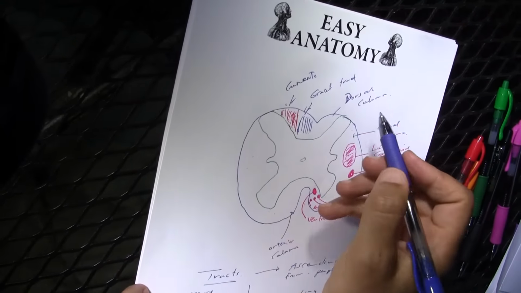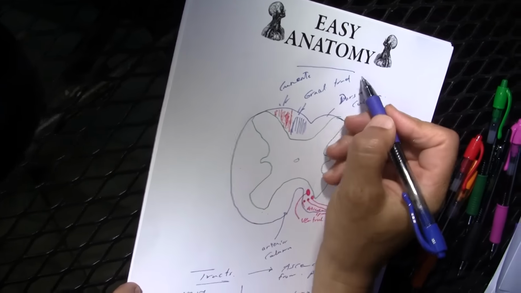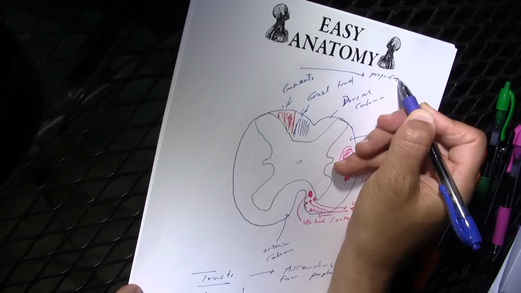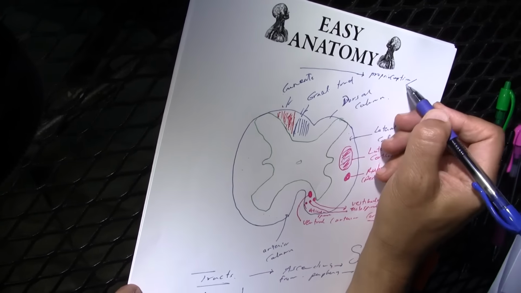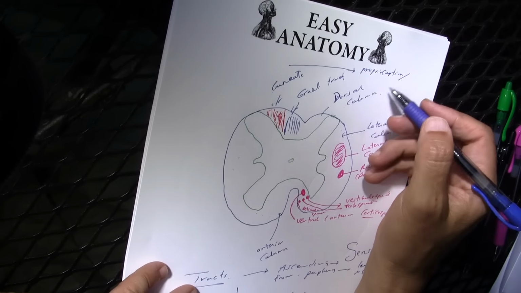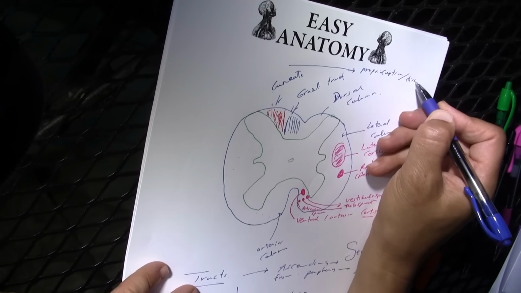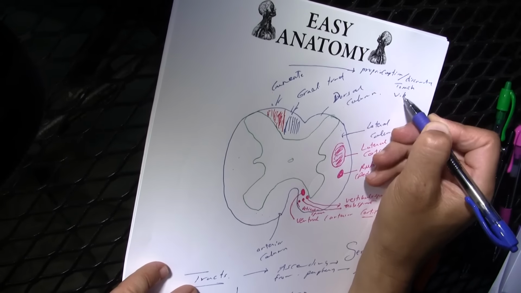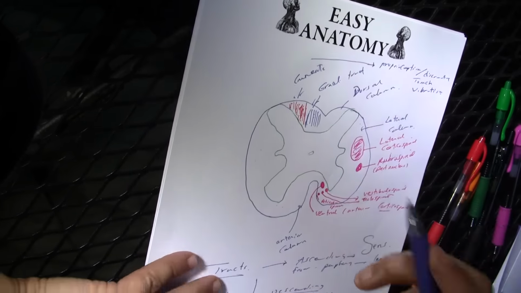The function of those two tracts: proprioception, deep sensation, discriminative touch, vibration. We're going to talk about this in detail.